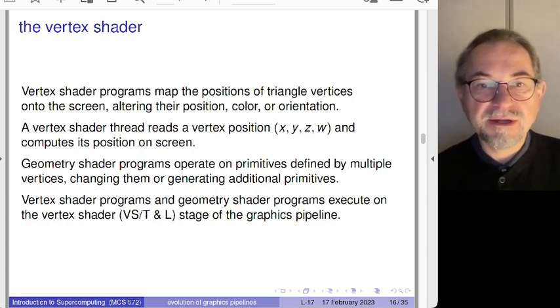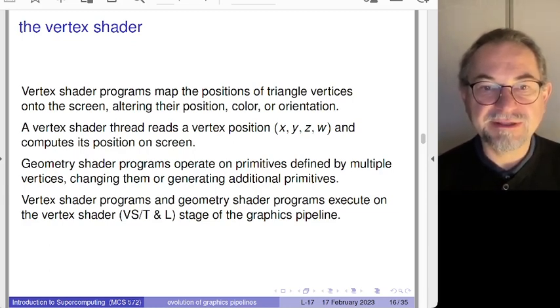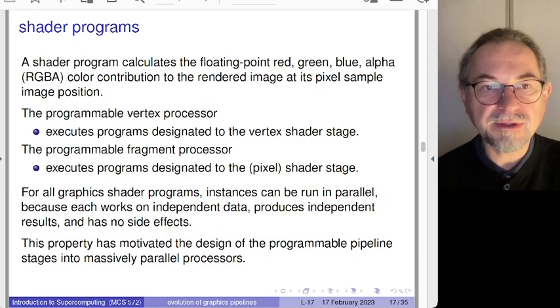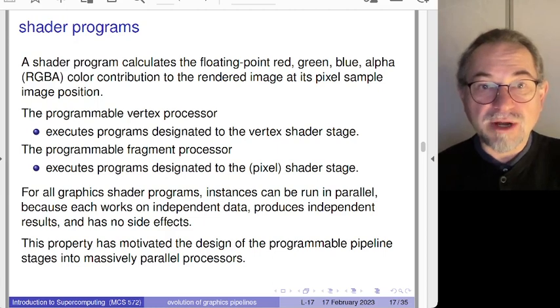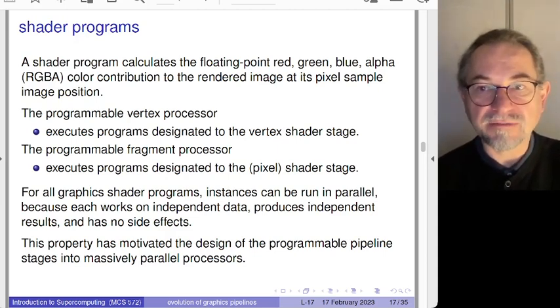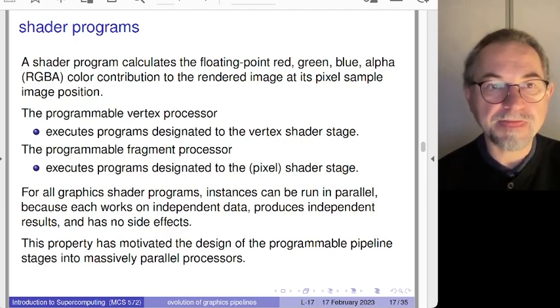So here we have the shading and the shading program in the graphics pipeline. So the shader programs. So there is the red, green, blue model that is augmented by this alpha. The alpha determines how opaque every pixel is.